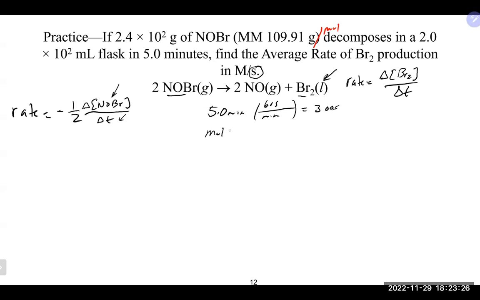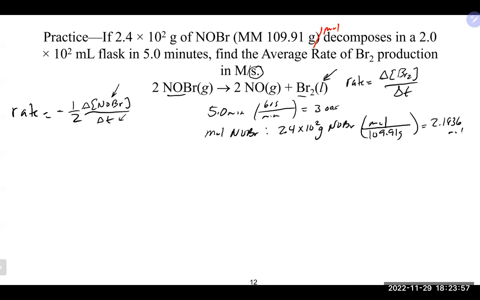We also need to find the molarity. So we can find the moles of the NOBr by taking 2.4 times 10 to the 2 grams and using the molar mass, which they gave us, which would come from the periodic table, 109.91 grams per mole. That gets us about 2.1836 moles.